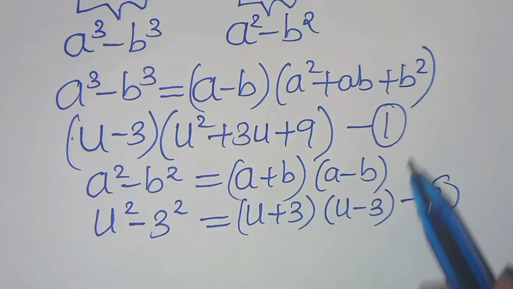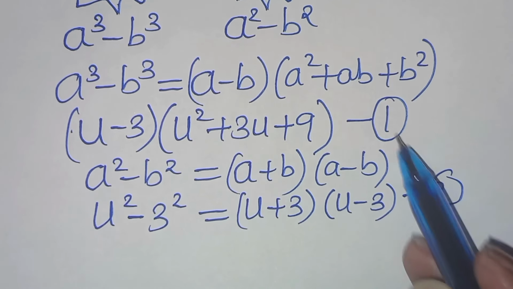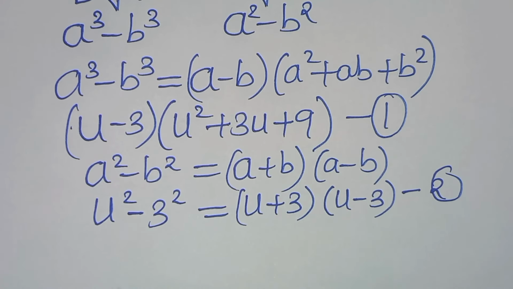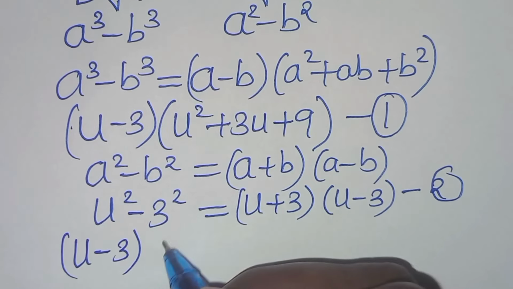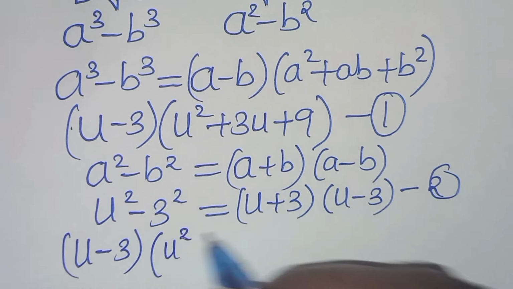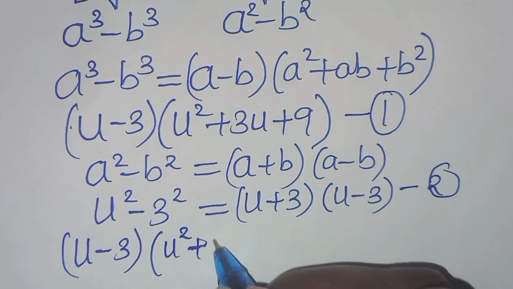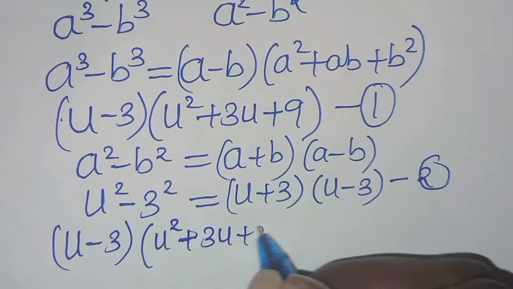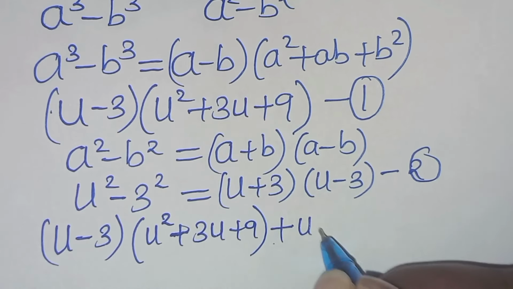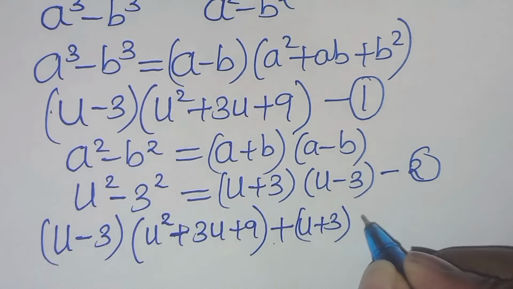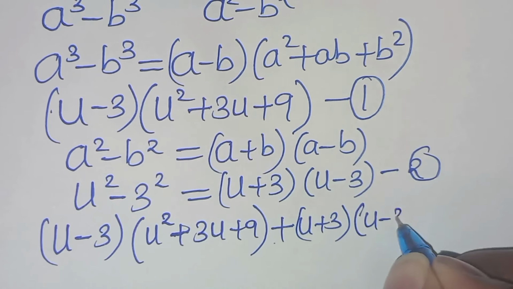The next step is to combine equation 1 and 2. So now we have u minus 3, u squared plus 3u, then plus 9, then plus u plus 3, then u minus 3.